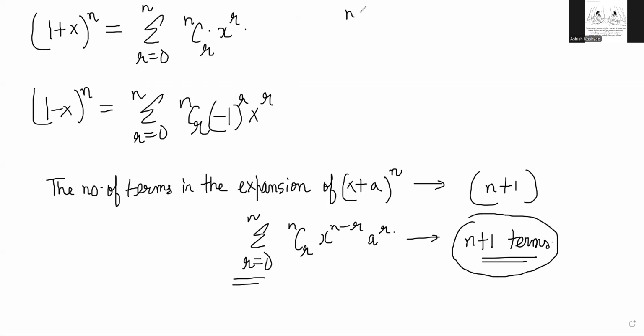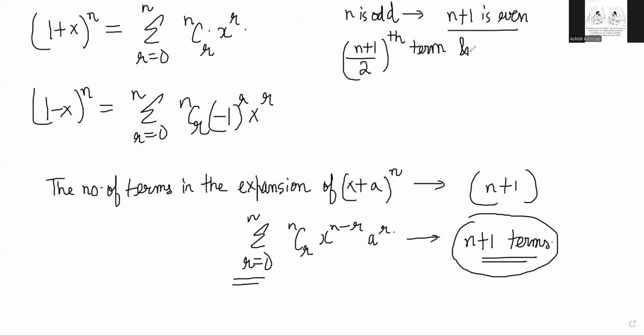If n is odd, then n + 1 is even, right? So there will be two middle terms in that case, which are the (n+1)/2 th term and the (n+3)/2 th term. That is the case when n is odd and the number of terms is even.